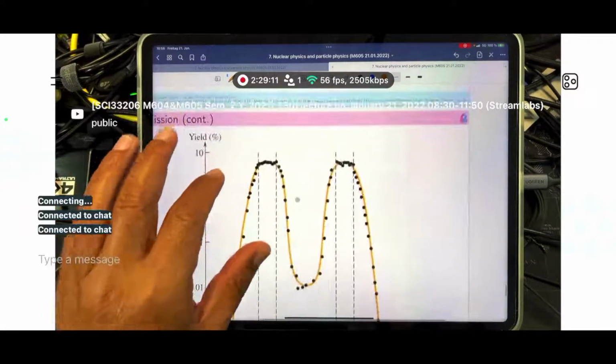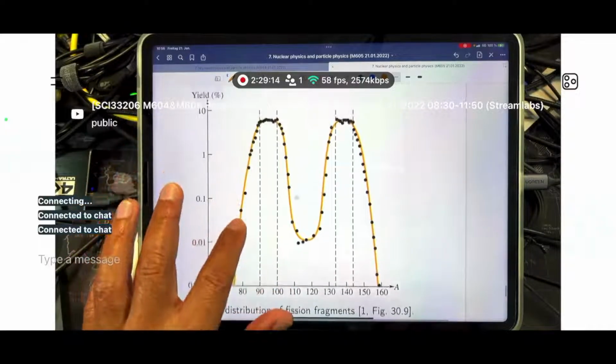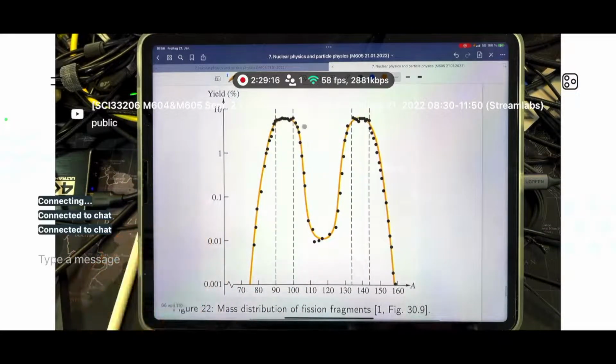The physicists have tried to collect the data from experiment, and here is the result. A means the number of nucleons inside the nucleus, and they found this mass distribution of the fission fragments.